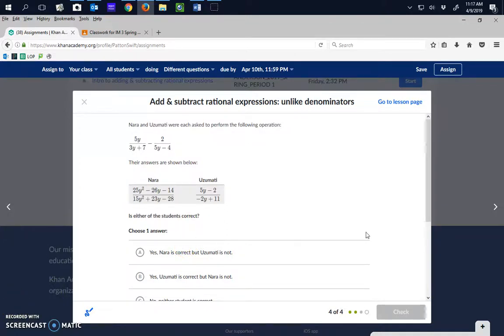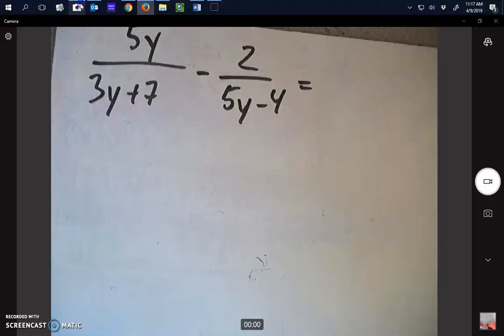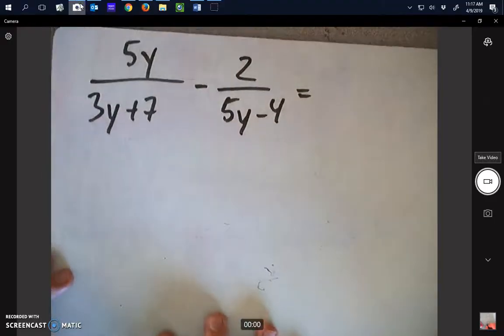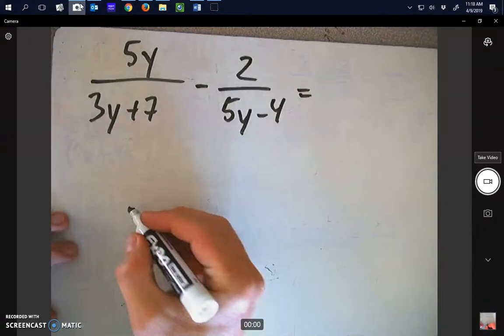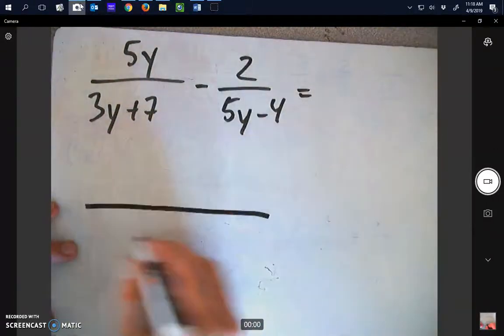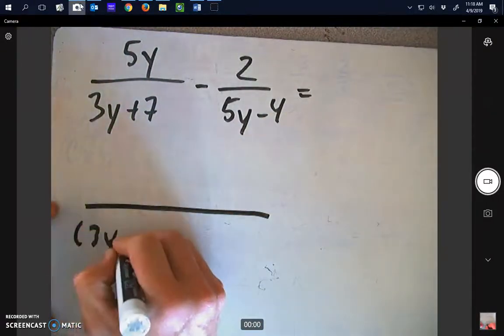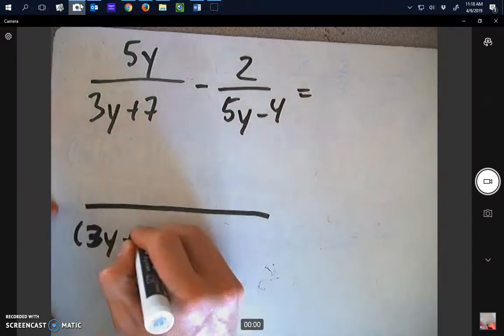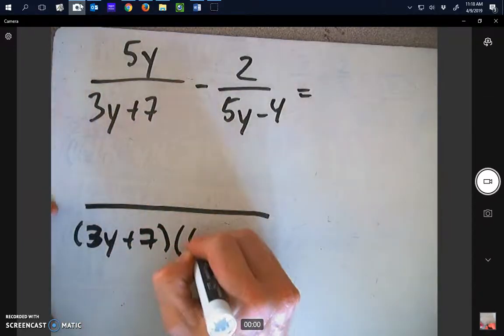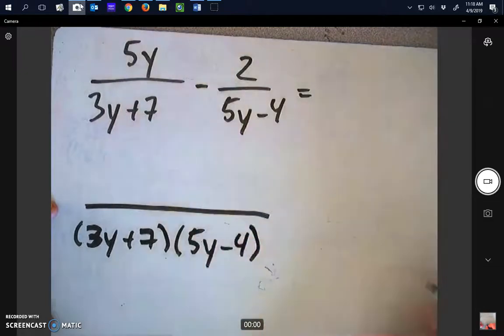All right, so here's the next question. I have it written down already. So we just need to solve it, I guess, and see who, Nara or Uzmati, is doing it right. So let's start working on it now. So once you multiply both denominators with each other, 3y plus 7, 5y minus 4.